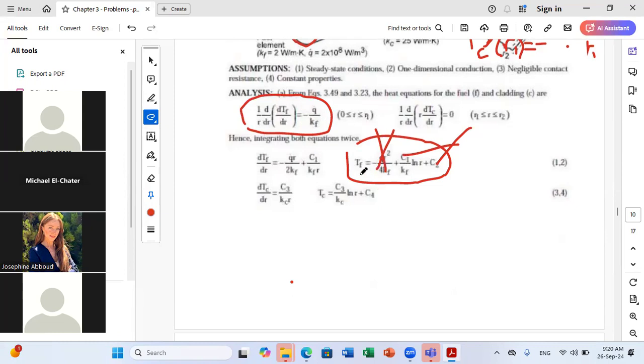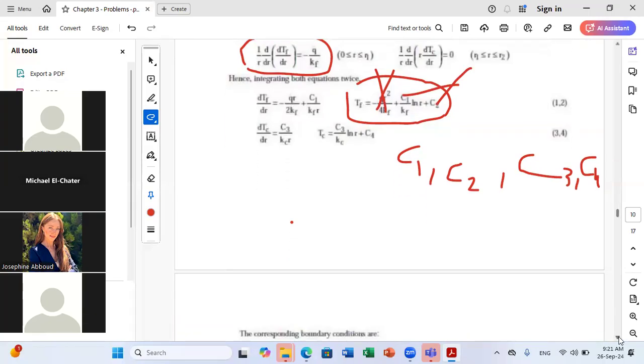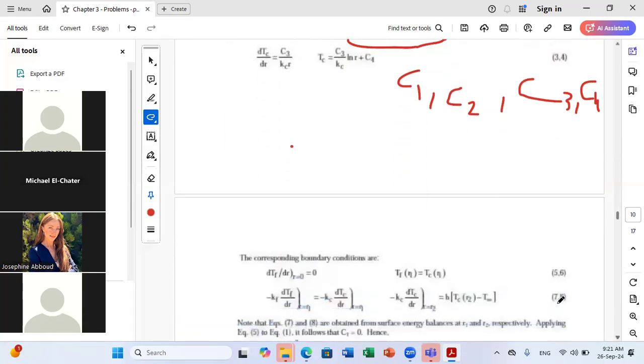You just get C3 over Kc ln r plus C4. Your 4 unknowns are C1, C2, C3, C4, and to solve this system you need 4 equations. As we mentioned, we have 2 continuity equations at the interface, for the fuel element due to symmetry zero gradient at r equals 0, and for the annulus the outer condition of convection. So these are the 4 equations.